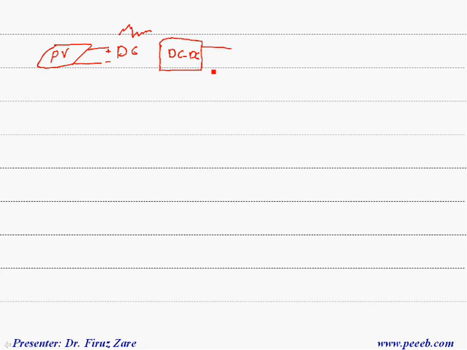We can also boost the voltage and regulate the output voltage. So the output voltage here is regulated, and for example we can get 400 volts here, suitable for the main DC to AC converter.